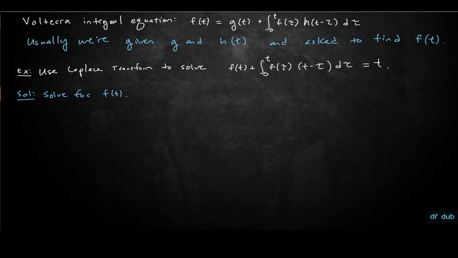All right, well, this is really f of t plus f star some function equals t. What is the function that we're starring with? What's the convolution function? G of t equals what? Somebody help me out.